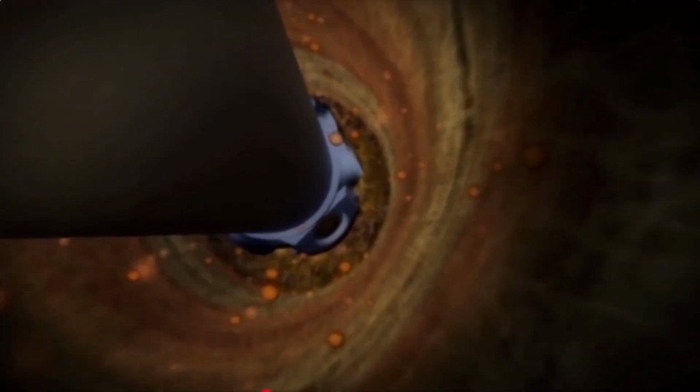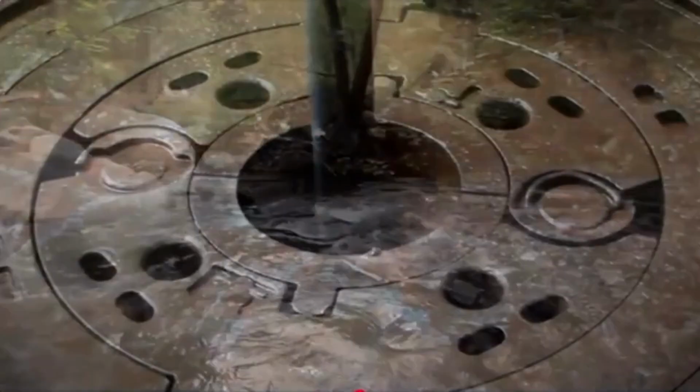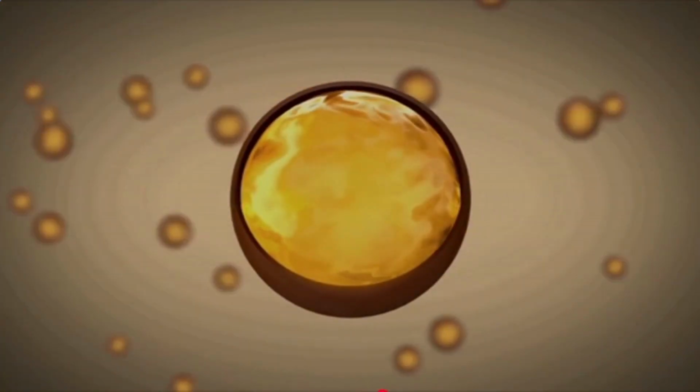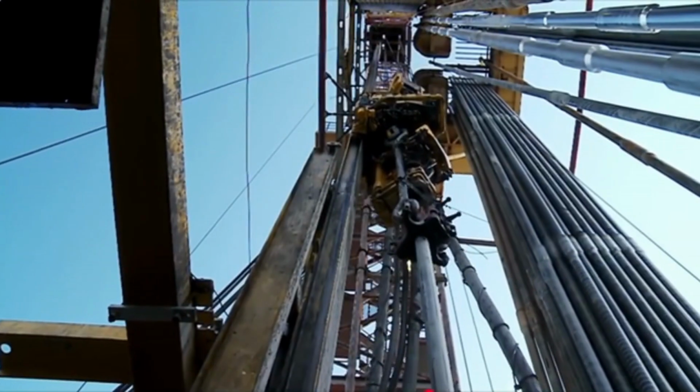Encapso's shell protects the high-performance liquid lubricant inside. Encapso is proactively added to the drilling fluid at the onset of operations, before problems occur. It circulates freely as an inert ingredient without seeping into formations, sticking to drill cuttings, or losing effectiveness. When Encapso encounters friction, it activates, delivering a high concentration of lubricant.